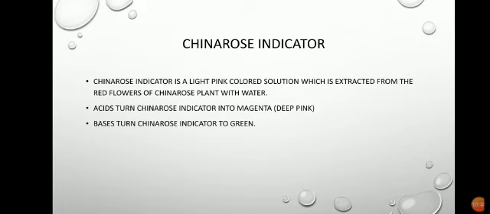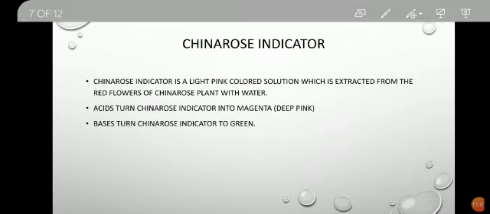If you drop acid, for example lemon juice, the indicator will change color from light pink to deep pink or magenta. And if you put bases, for example a soap solution or baking soda, it changes the color into green.